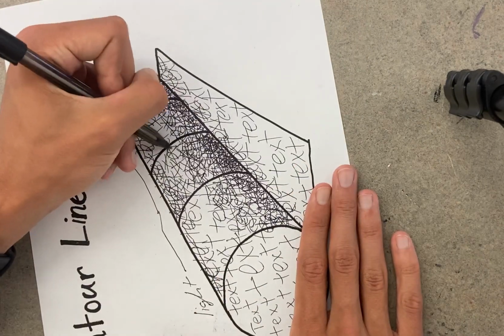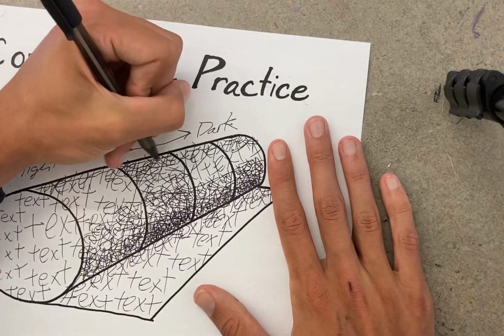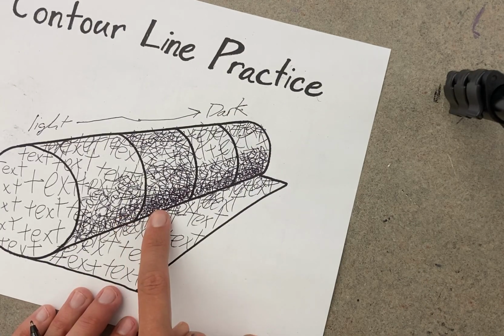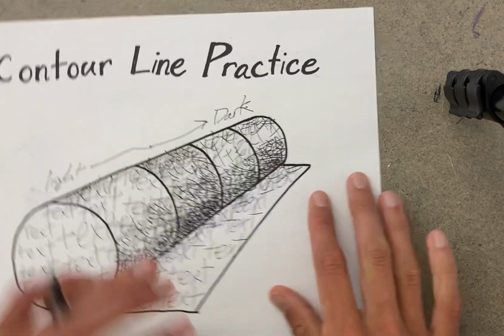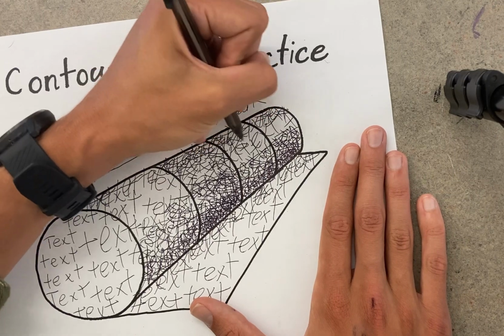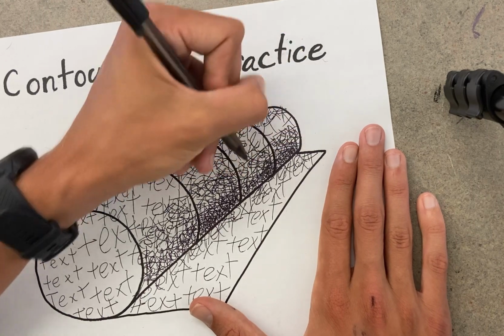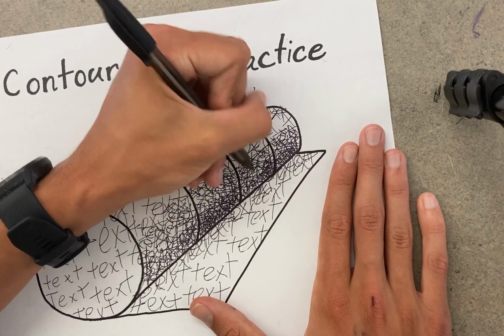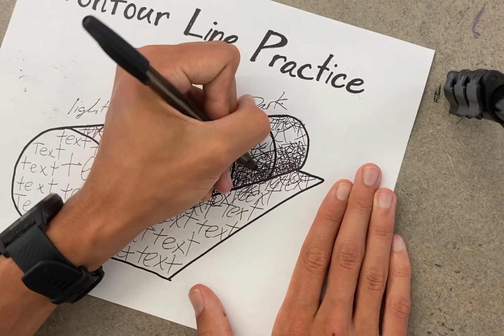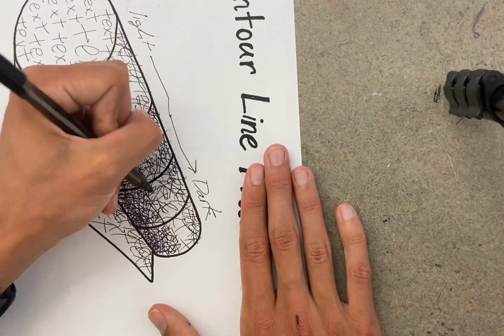Now is when you can start adding in a variety of sizes and shapes to your text. So now you can see this is slightly darker. So we're going to add the same amount of text to our next level. You can also see my text is becoming more loose as we progress through this.